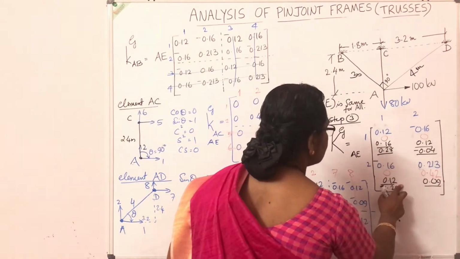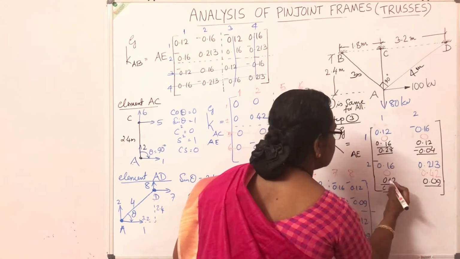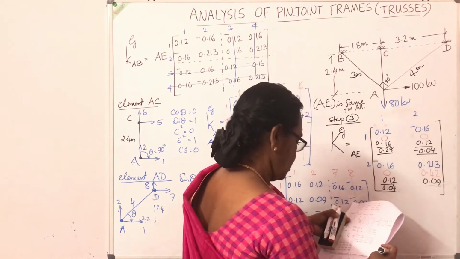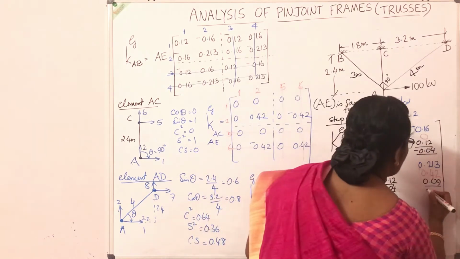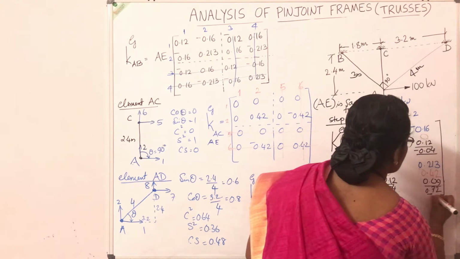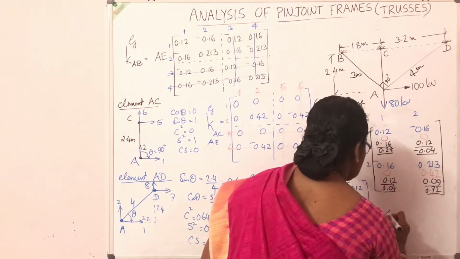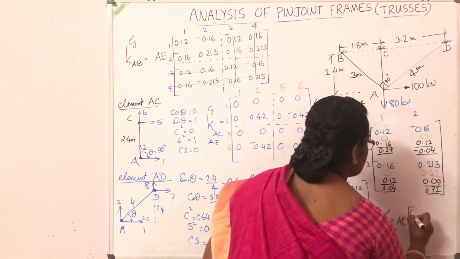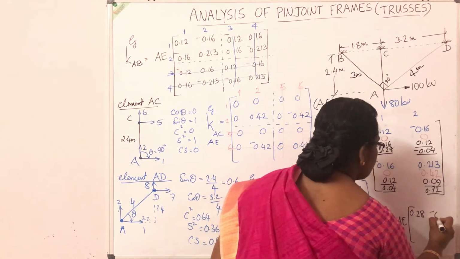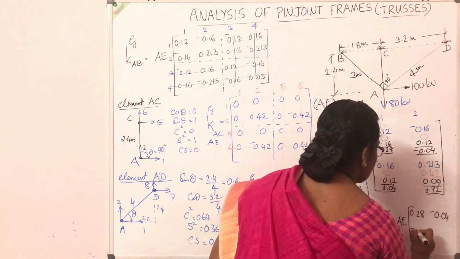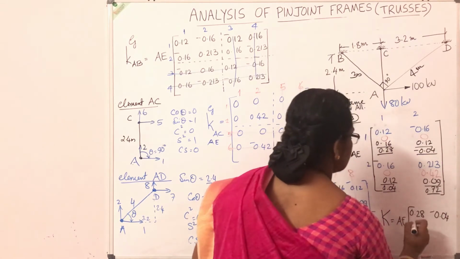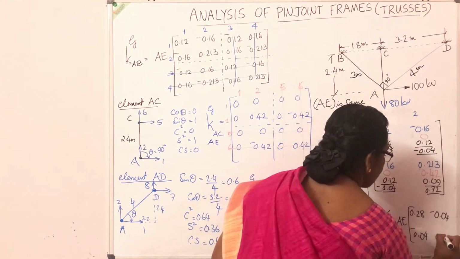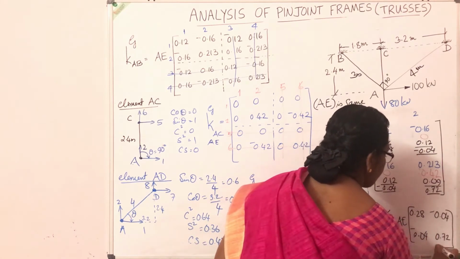So this works out to minus 0.04. Here, altogether, it will work out to 0.72. So the stiffness matrix for the structure as a whole is AE into 0.28, minus 0.04, minus 0.04, 0.72.